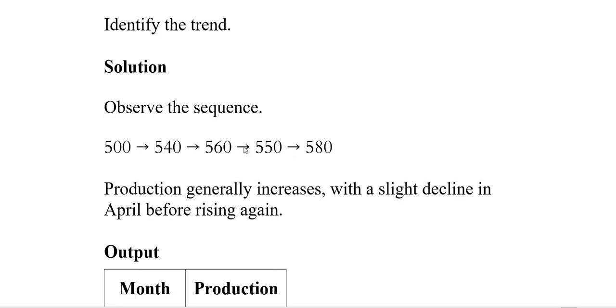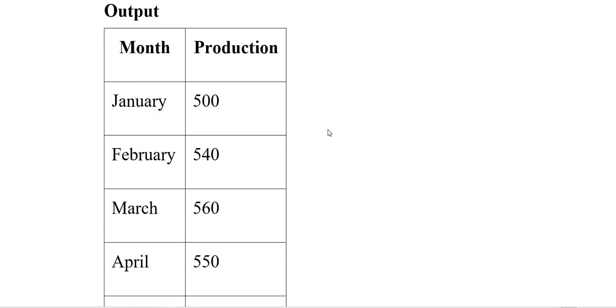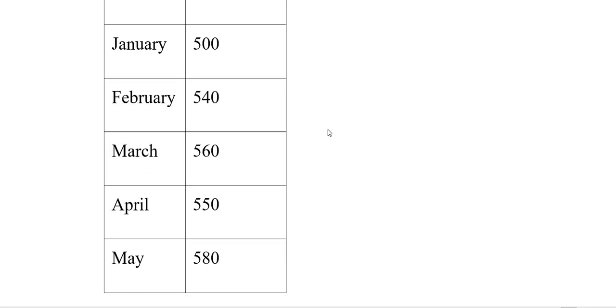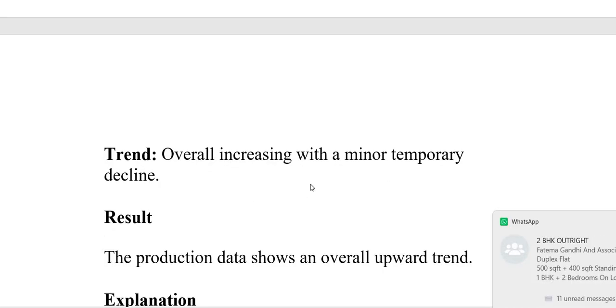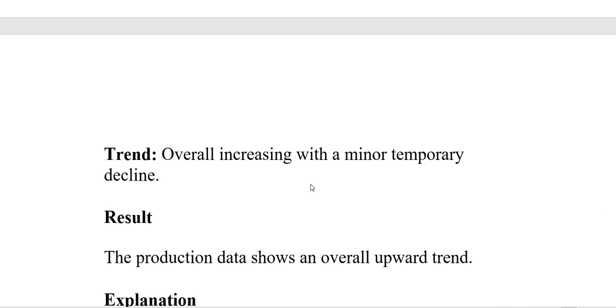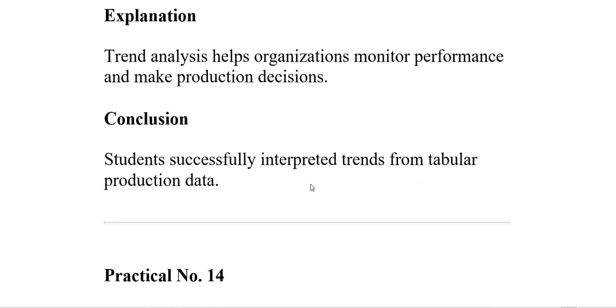A month may decline and then rise again. Now what is our output? This is our output. Same as the question, and this is the output, right? Trend overall increasing with minor temporary decline. We have a minor decline for 1 month, that is April, then our production overall increases again, right?